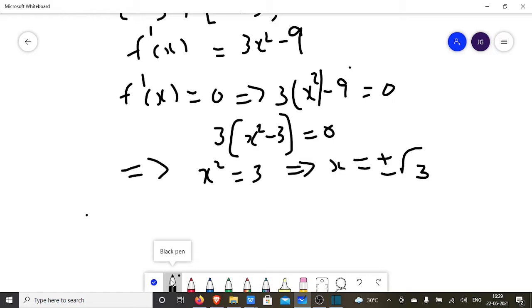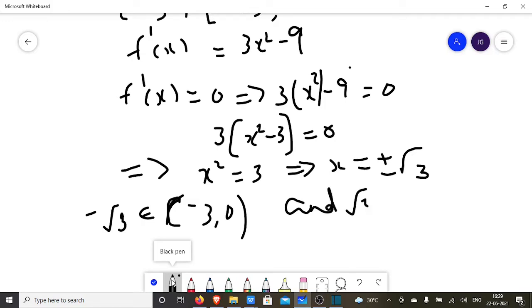Out of this, minus root 3 is an element of the open interval (minus 3, 0) and root 3 is an element of (0, 3).